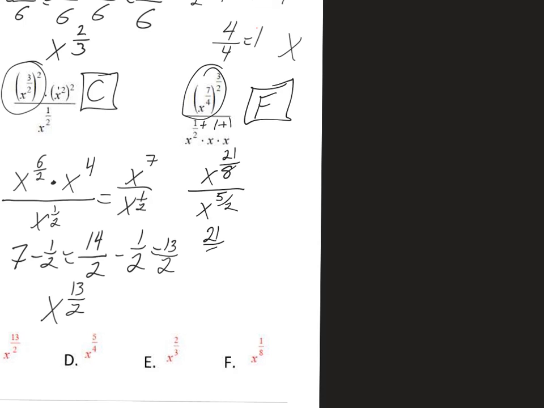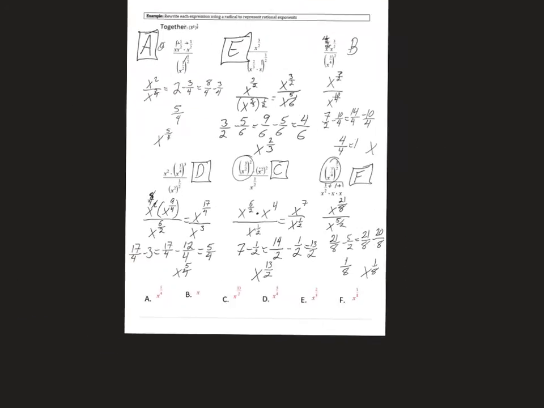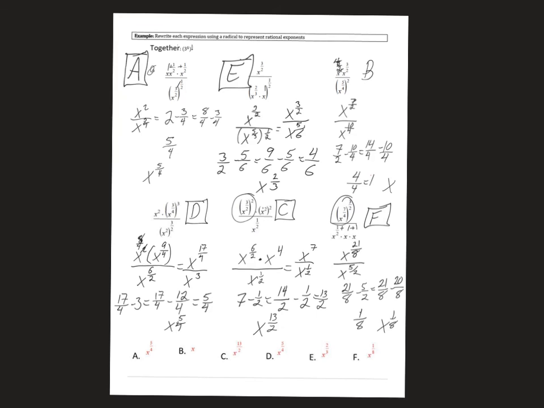We have 21 over 8 minus 5 over 2, which equals 21 over 8 minus 20 over 8, so that is 1/8. So x to the 1/8, which is F. Okay, so let's go ahead and go to part 3.